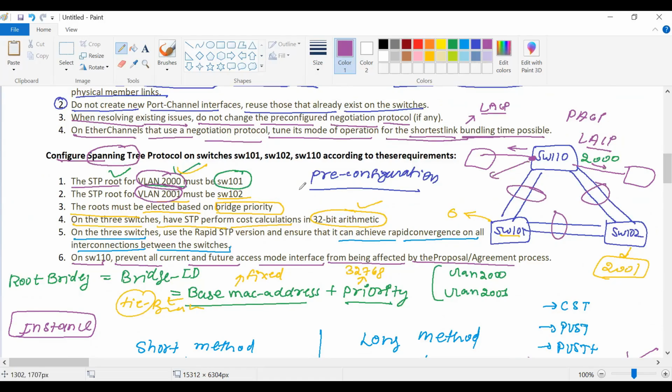So what we have to do here is configure these ports as access and enable PortFast. If you enable PortFast, the switch will not send any proposal message on that particular interface. It depends on where your end users are connected. You have to enable the STP PortFast feature.